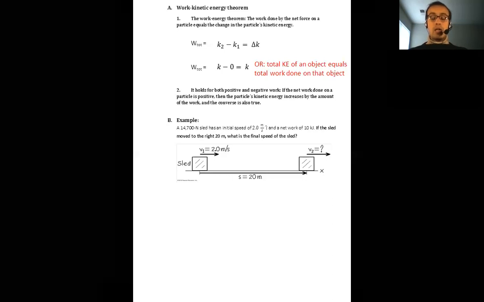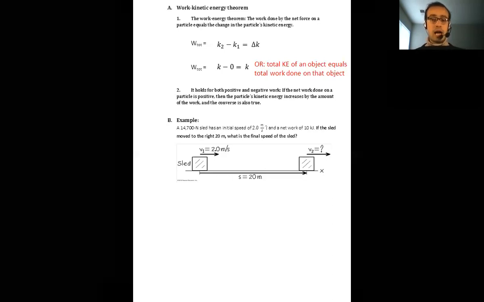But given that we know the velocity of the Voyager space probe, and given that we know the mass of the Voyager space probe, we know that the total work of everything that has been done to Voyager over the last 40 years can be accounted for if we just know the velocity and we know the mass, if we know the starting and final states of a particular object or projectile, which is very useful.